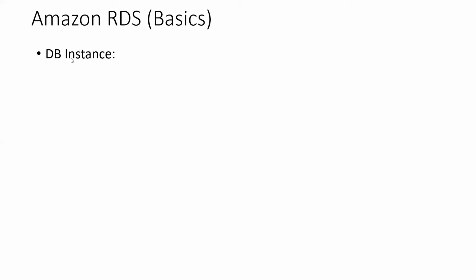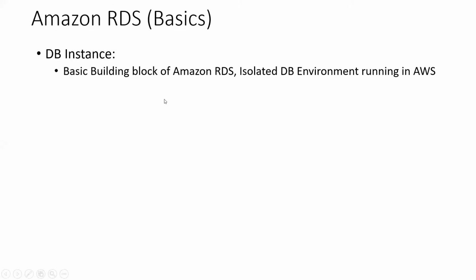Okay, let's talk about DB instances. The DB instance basically is the first or the basic building block of your RDS, and you can call it an isolated DB environment running in AWS. So in a layman's simple term, this is the EC2 instance or the server on which your RDS will run. When you log into the console, you will see this by the name of DB instance.